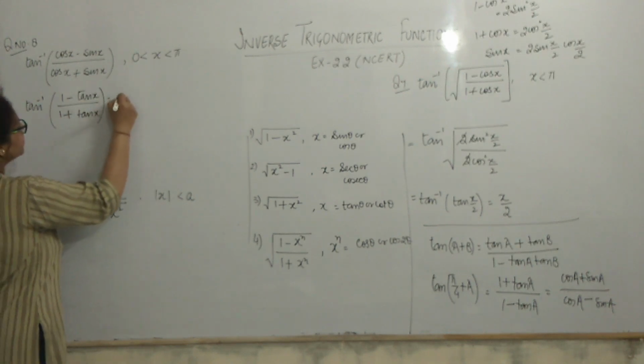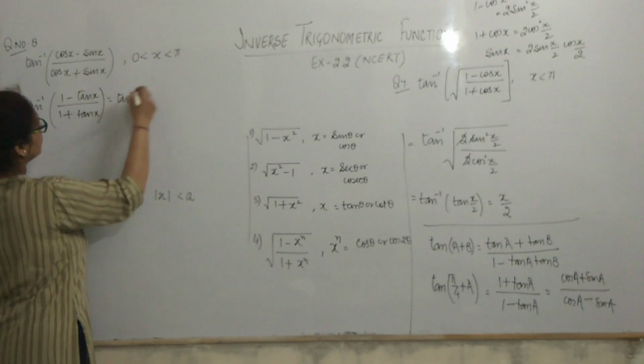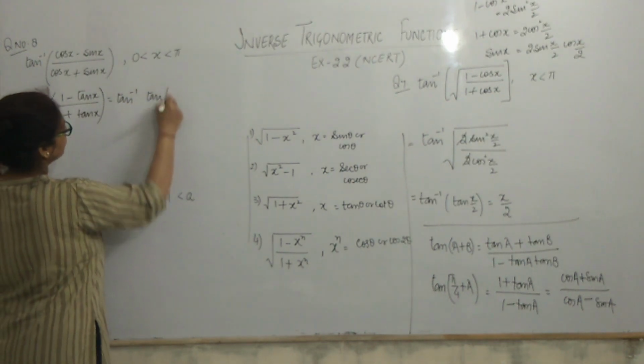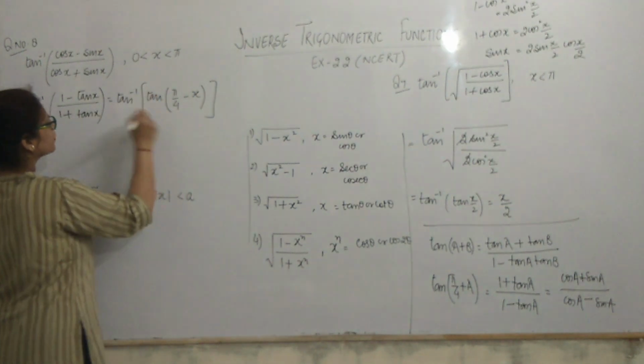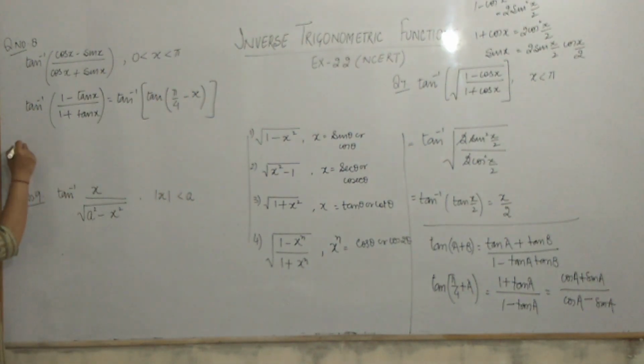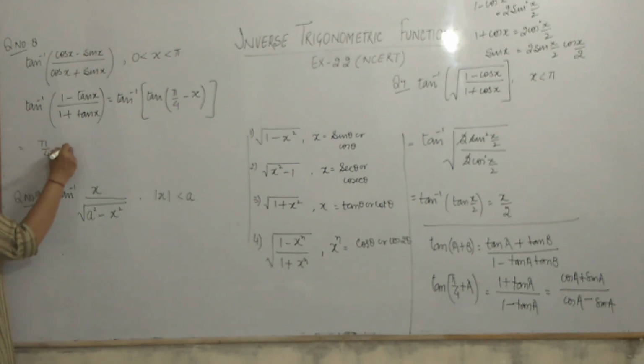Right? Tan inverse, this can be written as tan of (pi by 4 minus x). Tan inverse tan of (pi by 4 minus x) will give you pi by 4 minus x. That's it. So simple.